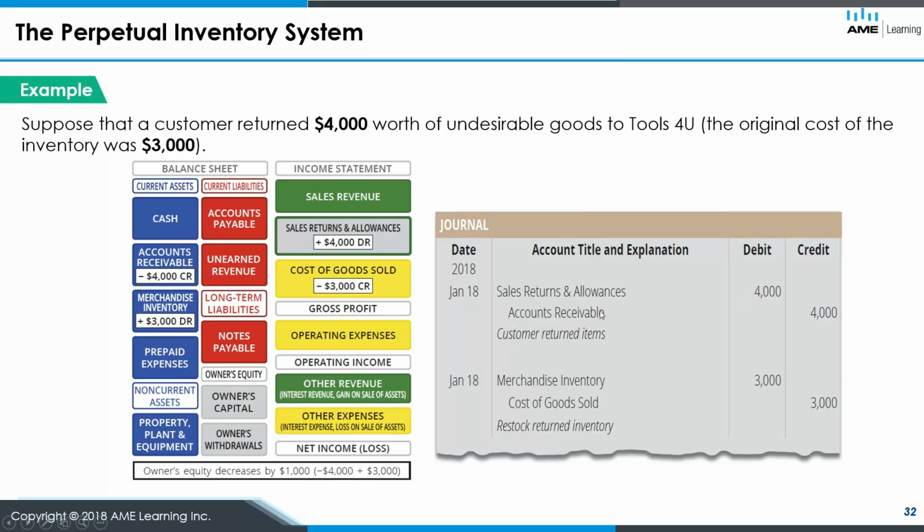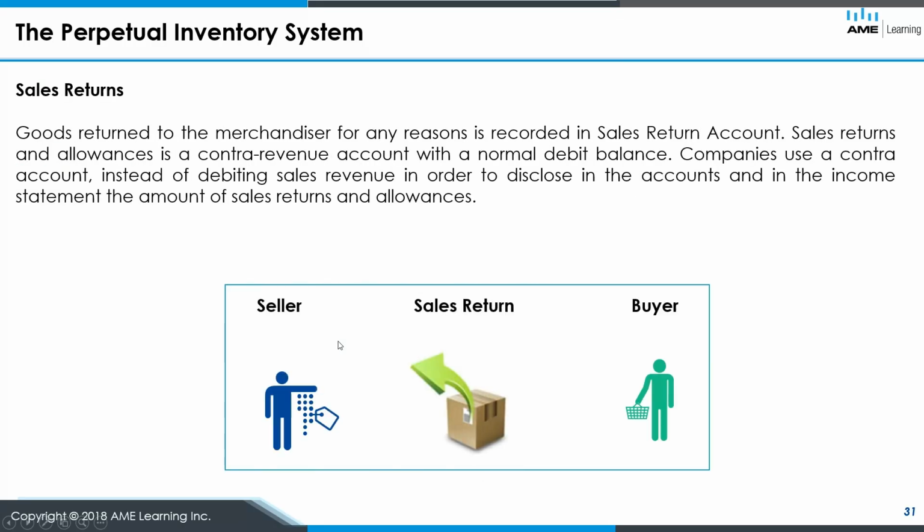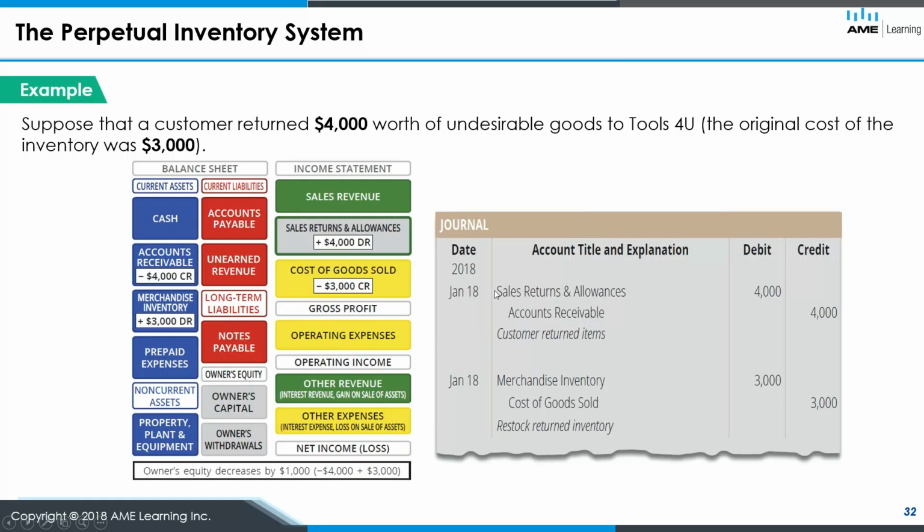And then the only thing that we do differently is we don't debit sales revenue. Like we don't exactly reverse these 4 lines, because sales revenue is not debited to reverse it. Instead, we debit this contra revenue account, sales returns and allowances. And so you can kind of see where that sits here on the income statement, that contra revenue account has its own little spot.